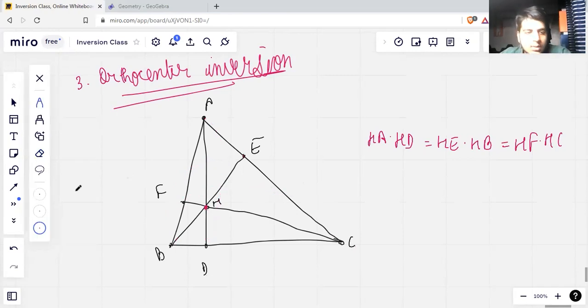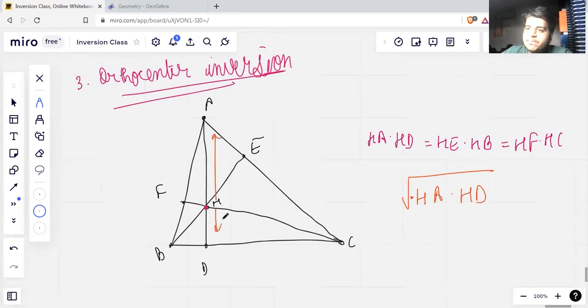Some people say negative inversion. I'll explain how. We consider the inversion with radius root of minus HA into HD. What it means is, if A is a point lying on, say, this side of H, after inversion it will go on the opposite side.